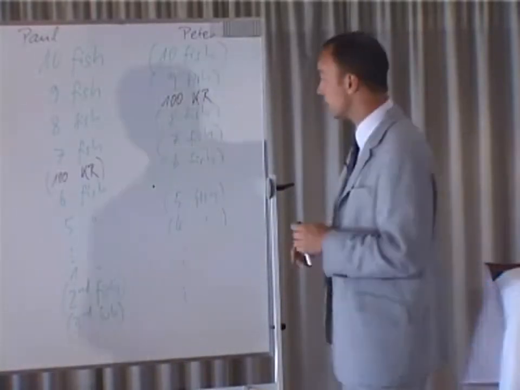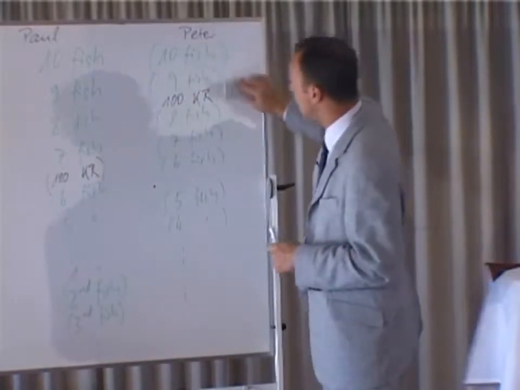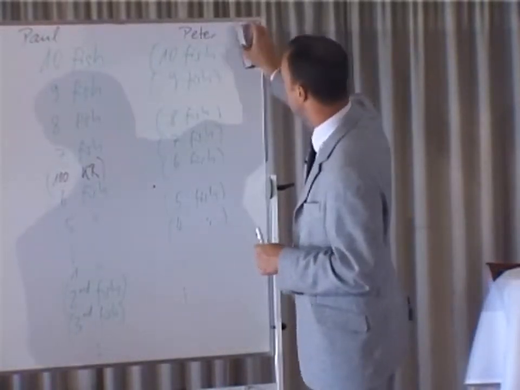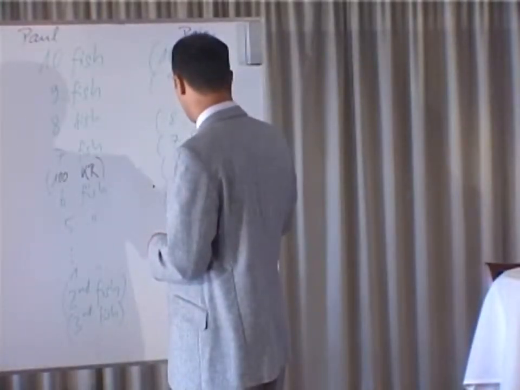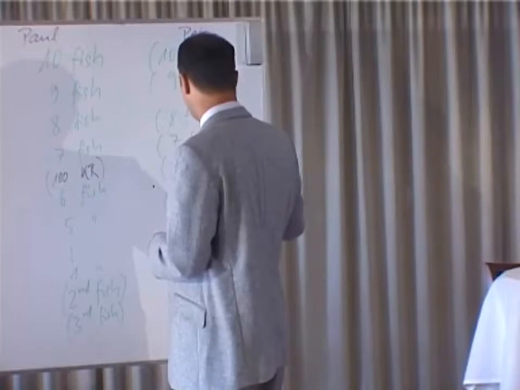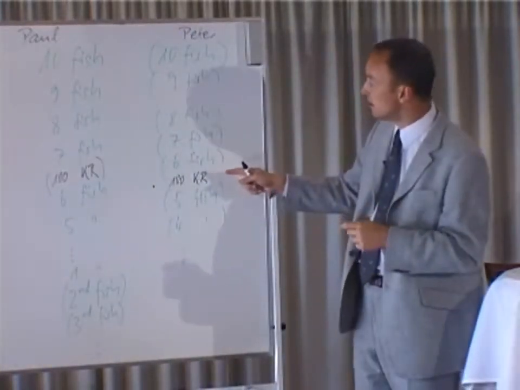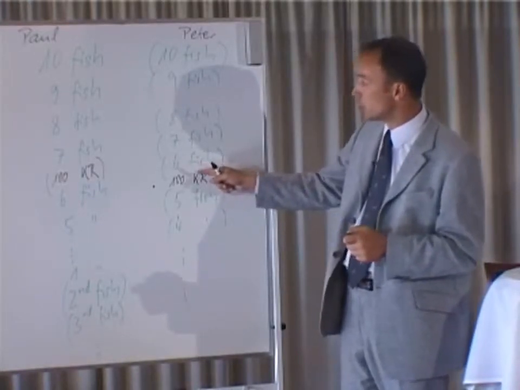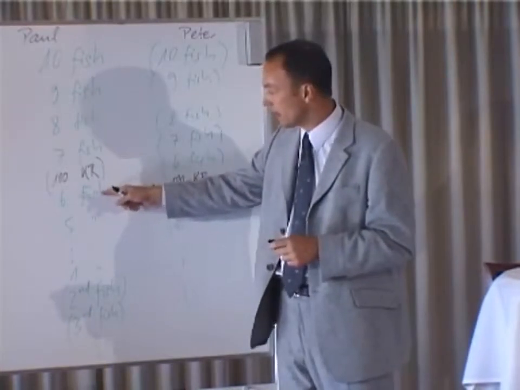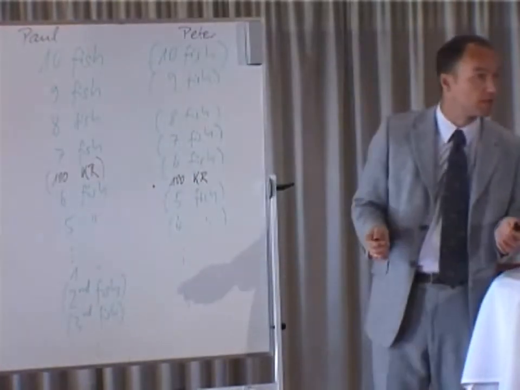Okay. So a market exchange will only take place if the value scales are somewhat different. For example, if we have the 100 coronas here. Right? In this case, Peter would give up his 100 coronas to obtain 6 fish, and Paul would, in fact, give up 6 fish to obtain the ticket of 100 coronas.